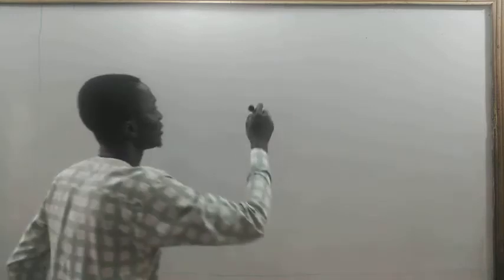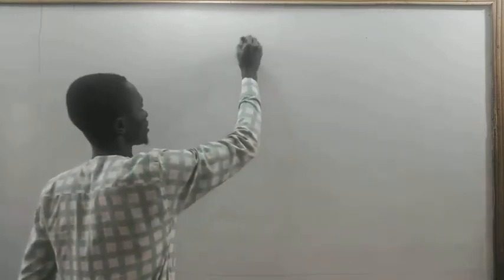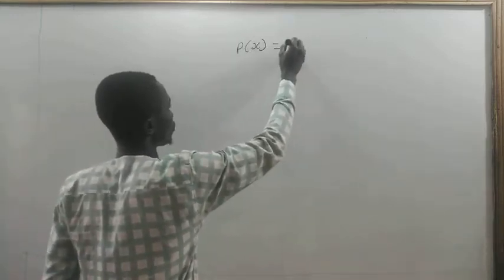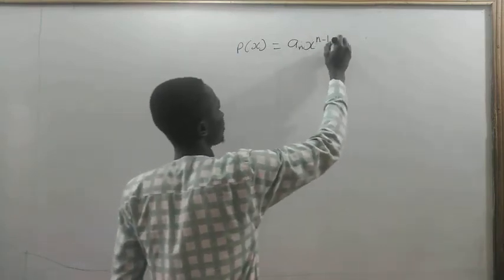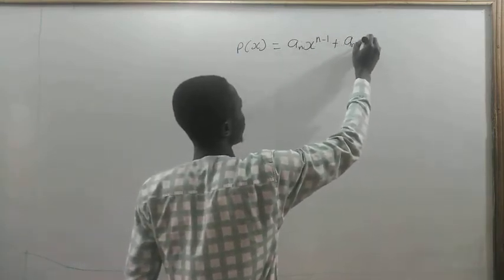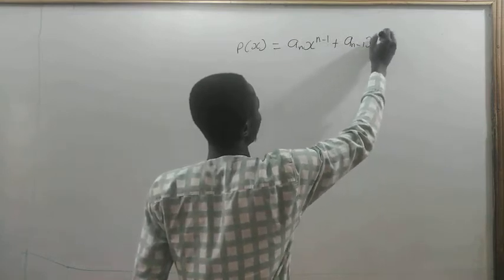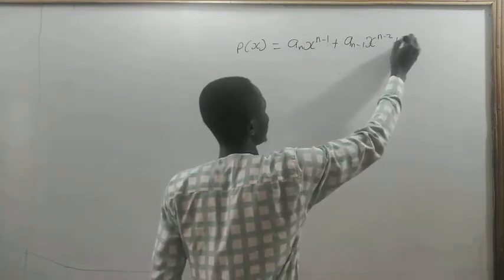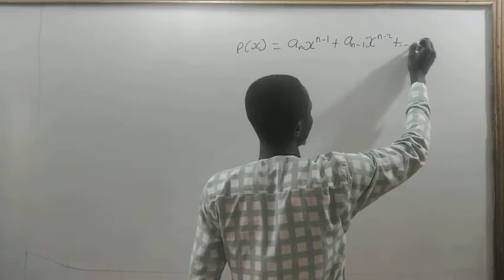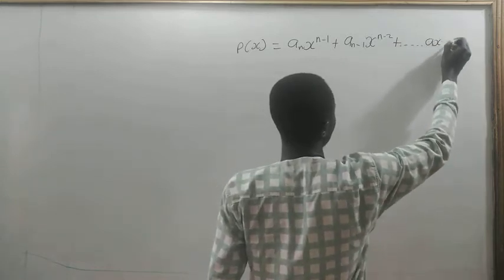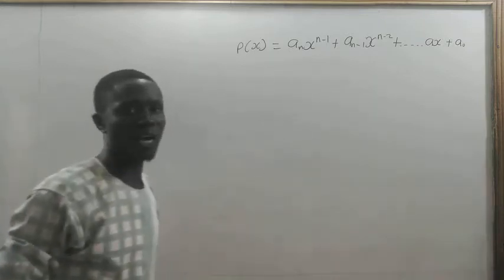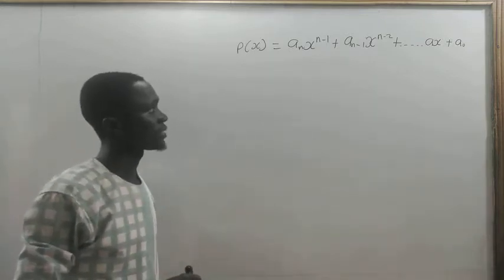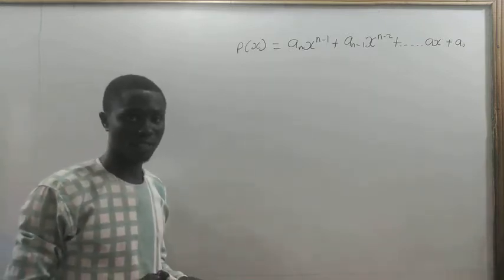If we take p of x equal to a_n x^n plus a_(n-1) x^(n-1) plus a_(n-2) x^(n-2) plus ... plus a_1 x plus a_0, this is a polynomial function.